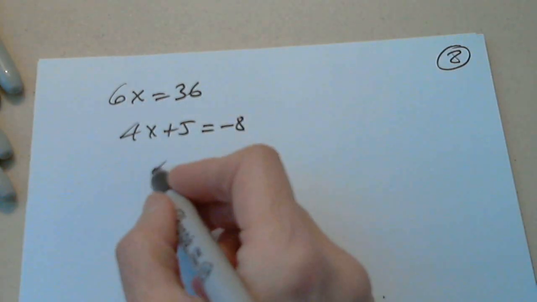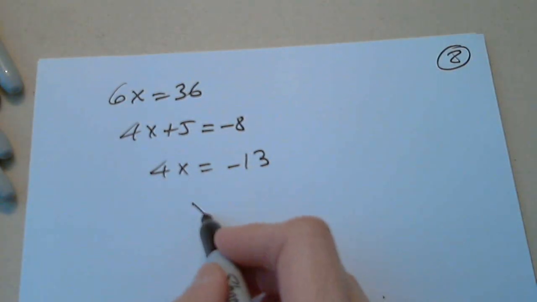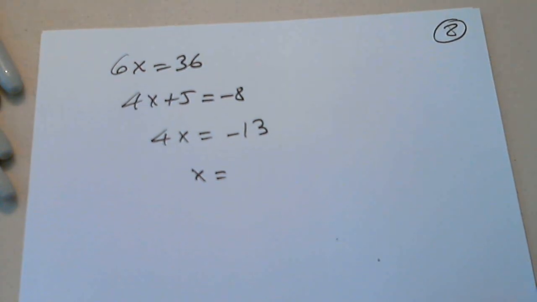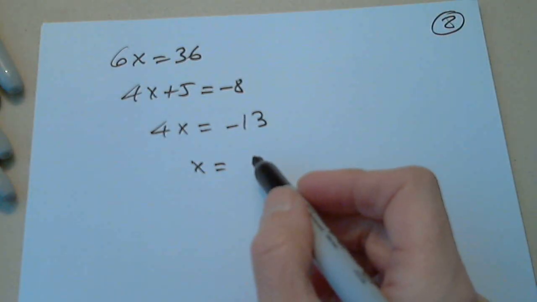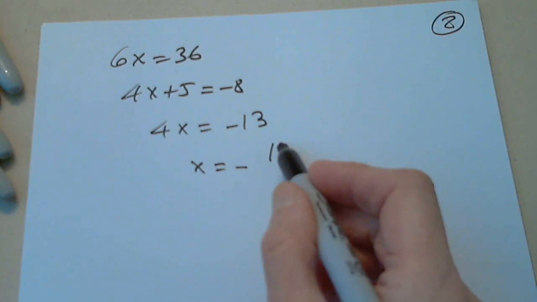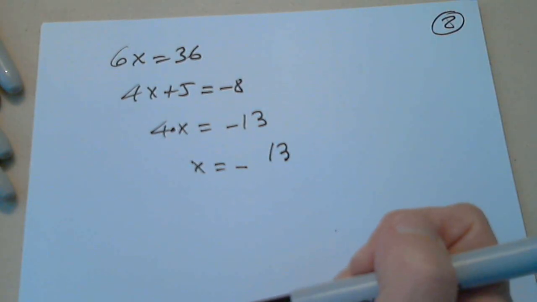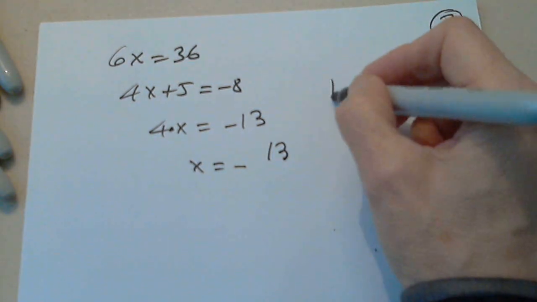Subtract 5, so then I have 4x equals negative 13, and the final step, x equals 13 over 4. You cannot move the 4 because it's multiplied. 4 is not a term. You would divide.